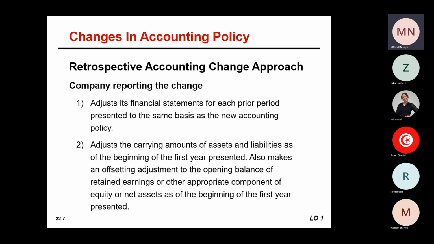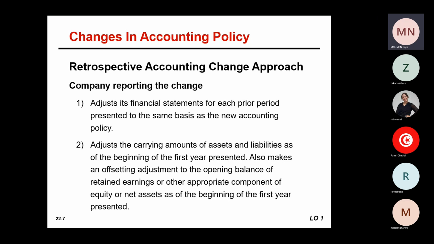So the first thing is that when we talk about the retrospective approach, meaning the company will report this change by adjusting its financial statements for each prior period presented to the same basis as the new accounting policy. Each year, when we prepare financial statements and provide these financial reports, we don't provide only a column for the current period.